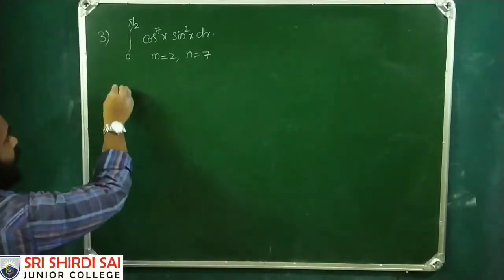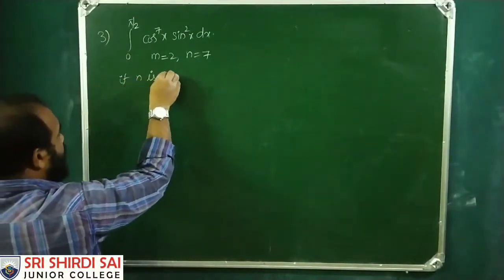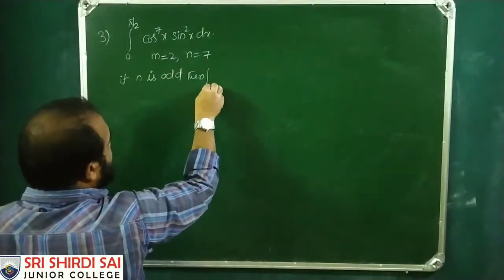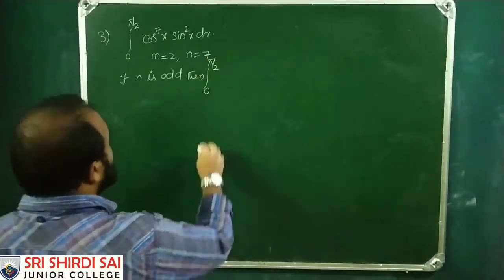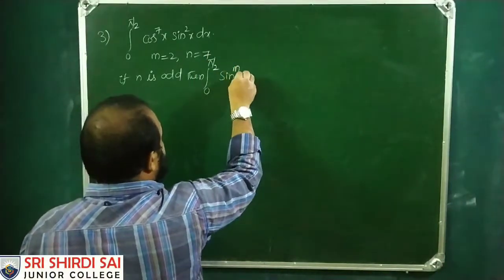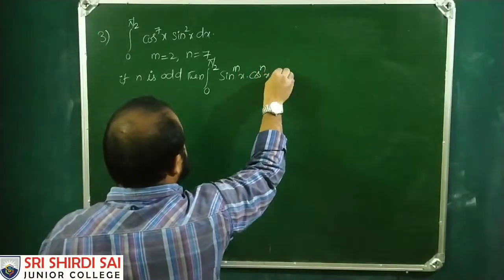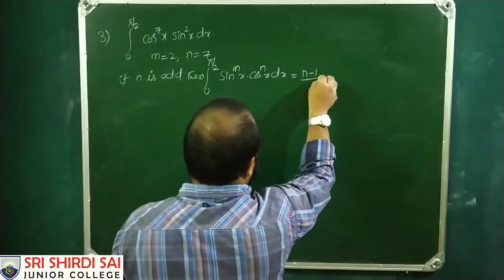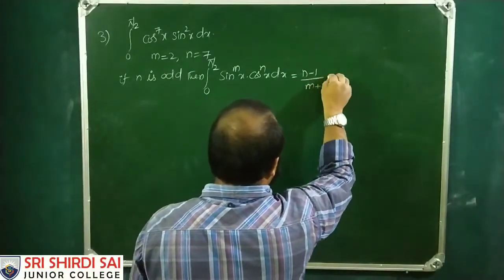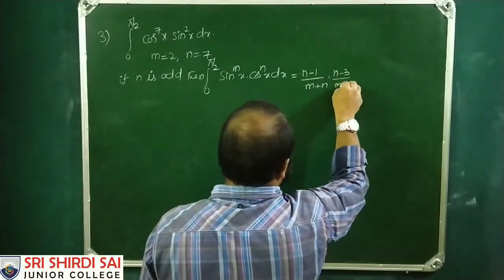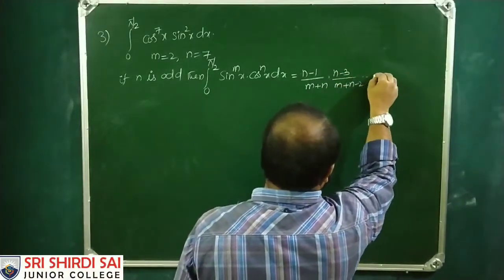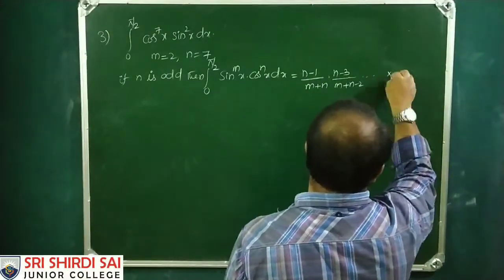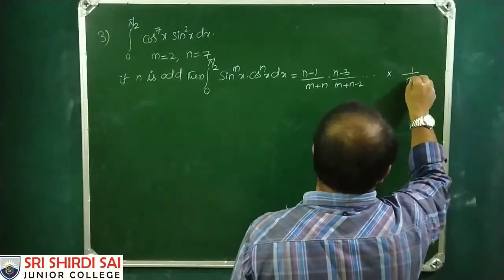So if n is odd, then integral 0 to pi by 2 sin power mx into cos power nx dx is equal to n minus 1 by m plus n, into n minus 3 by m plus n minus 2, etc., into 1 by m plus 1.